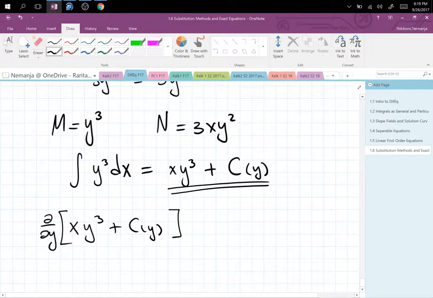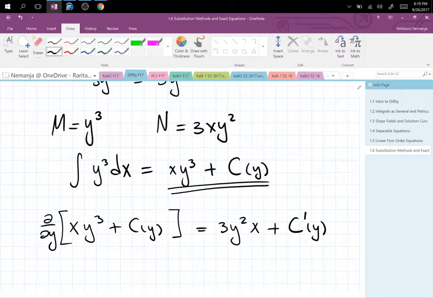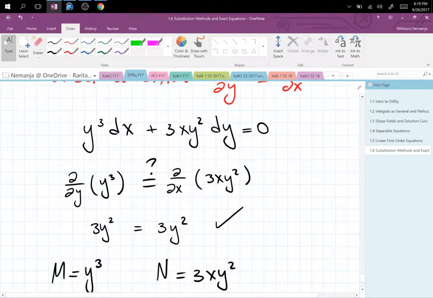When I do that, what I get is 3y squared x plus the derivative of that unknown constant, which could be a function of y. And then I compare this with that.